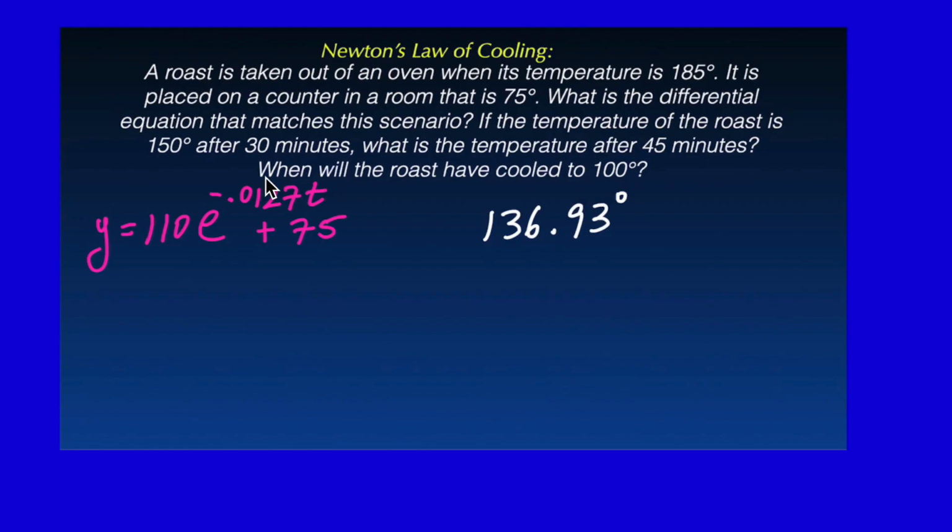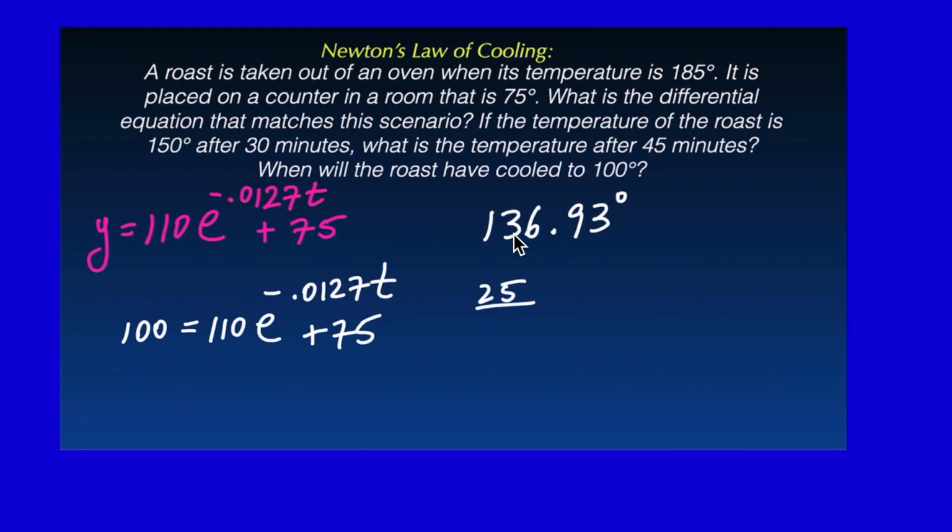Okay, for part 2, when will the roast have cooled to 100 degrees? The fact that they're asking for the word when, that means they want the time. They're giving us the temperature of the object. So we're going to have 100 equals 110 e to the negative 0.0127t plus 75, and we're trying to solve for t. We're going to subtract 75 on both sides and then divide by 110.